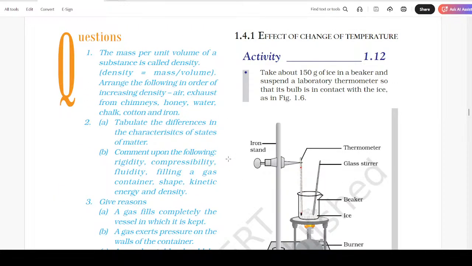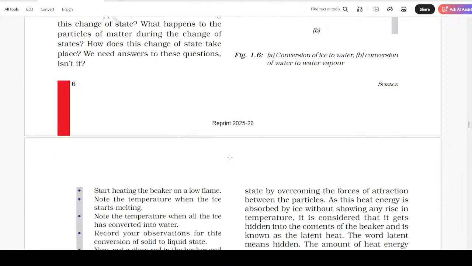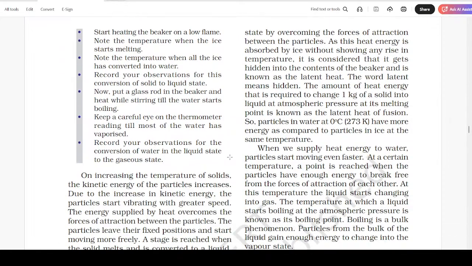Effect of change of temperature. Activity. Take about 150 gram of ice in a beaker and suspend a laboratory thermometer so that its bulb is in contact with the ice, as in figure 1.6. Start heating the beaker on a low flame. Note the temperature when the ice starts melting. Note the temperature when all the ice has converted into water.